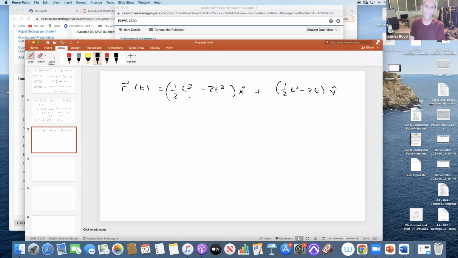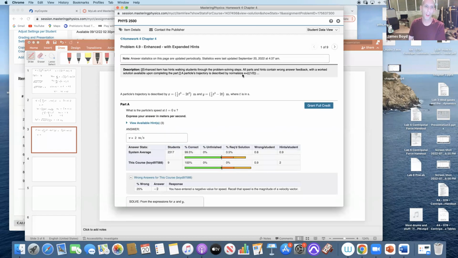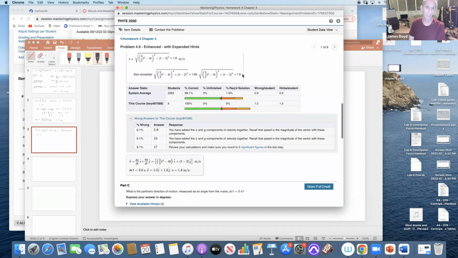So we want to know the direction of this vector with respect to the x-axis. But if we plug in t equal to 0, this all becomes 0.